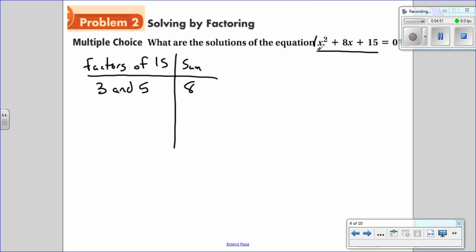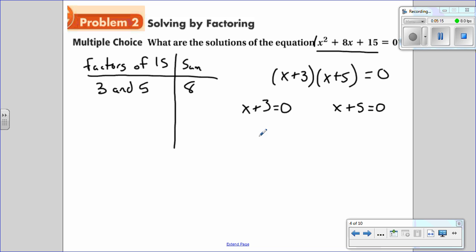Since this is 1, I can rewrite this as x plus 3 and x plus 5 equals 0. And now we're right back to where we have two binomials, and we take each one of them and set them equal to 0 and solve for x.